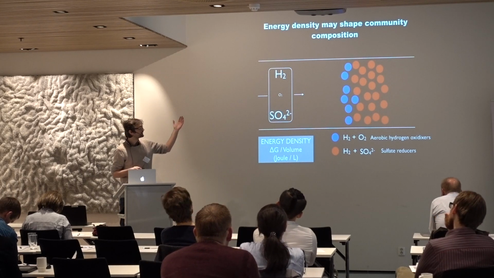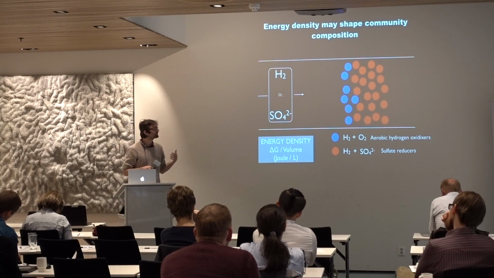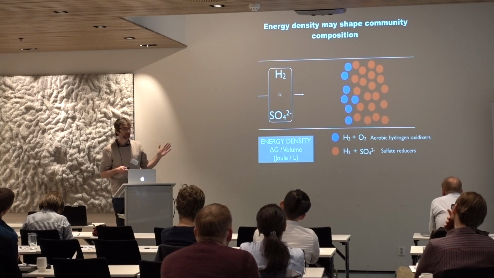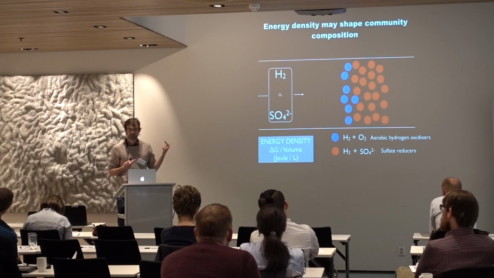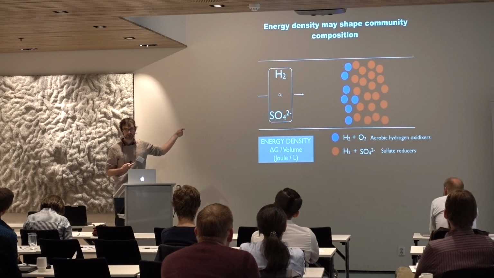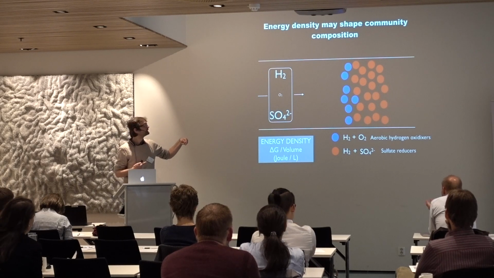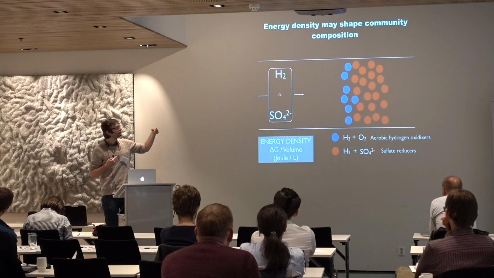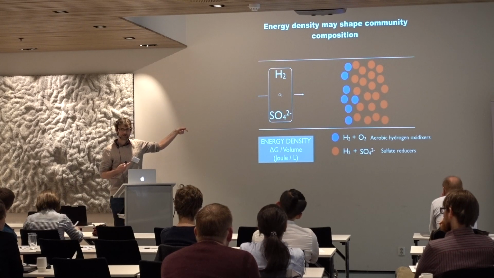If, for example, we have a situation where fluids rich in hydrogen and sulfate, and very poor in oxygen, are entering a system, we can imagine that the density of sulfate reduction might be quite high compared to the density of oxygen reduction, even though, for example, the energy per mole of oxygen reduction is higher.